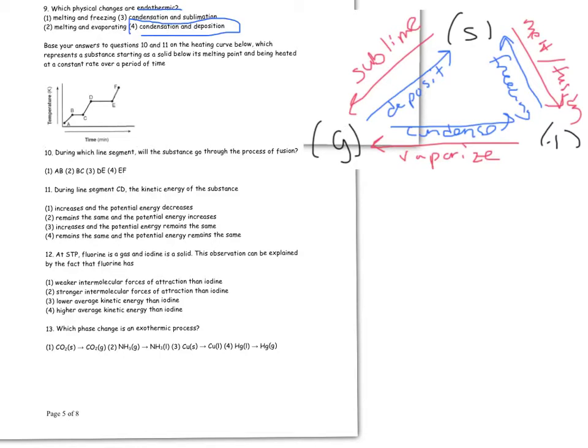In the next question, we're asked to refer to the heating curve provided, and it asks, during which line segment would fusion occur? So the key word here is fusion. Now fusion is the chemistry way of saying melting. So remember that in a heating curve or cooling curve, phase changes always happen at the plateaus.